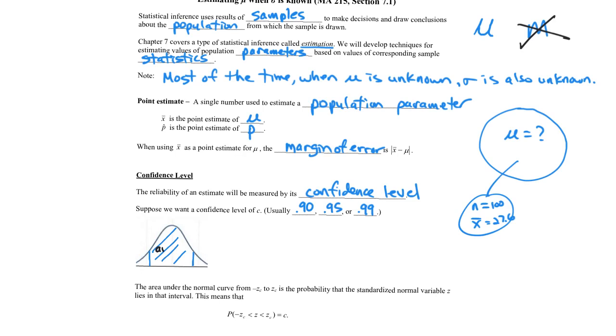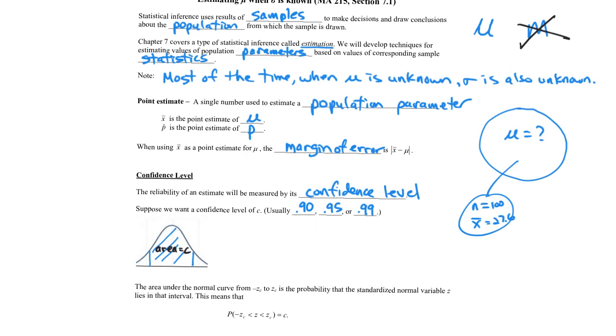Well, this shaded area will be C, which would normally be one of these. So let's say C is 0.95. If we want 95% of the curve to be shaded, then we know roughly, isn't it true that if this z-score is -2 and this z-score is +2, we'll have roughly 95% of the area shaded here? So that's kind of what we're getting at here.